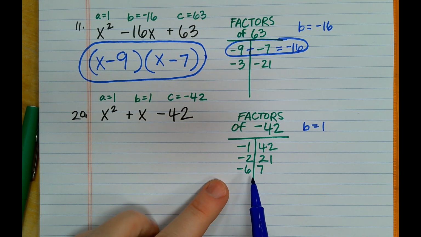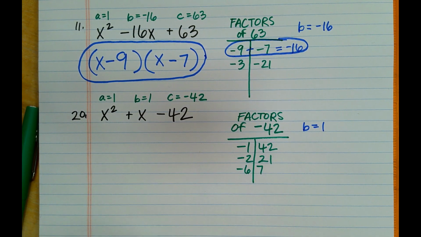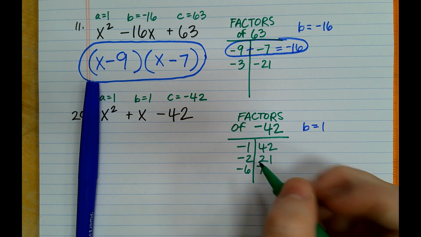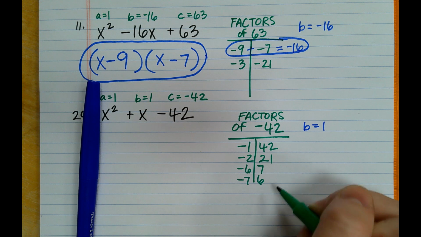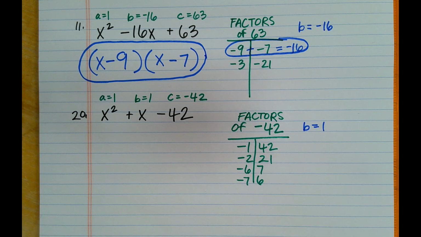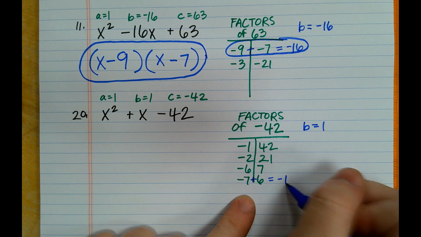Before we say that negative 6 plus 7 does equal 1, what if we didn't get there yet? What if we had negative 7 and positive 6 first, and I added these and got negative 1?